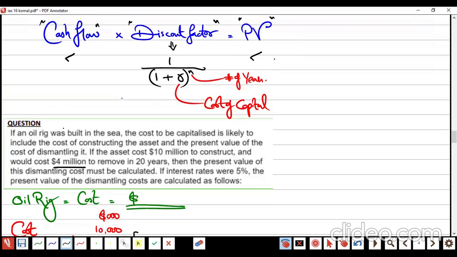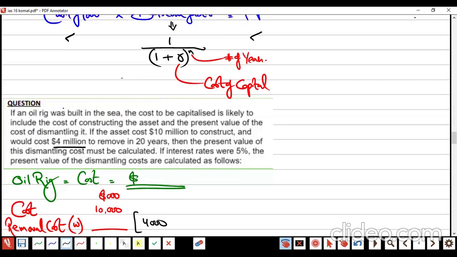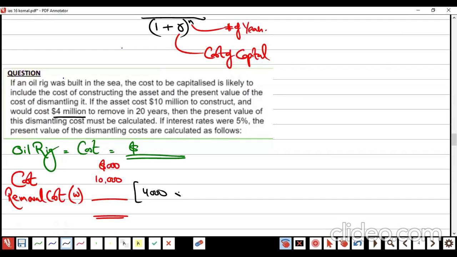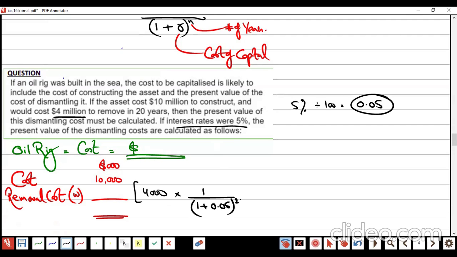Discount factor is 1 over 1 plus interest rate or cost of capital, 5% divided by 100. So whatever it comes to, you will put in the formula, because percentage can never become part of the formula. And how many years? Wow, 20 years.